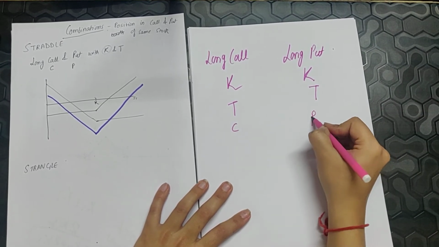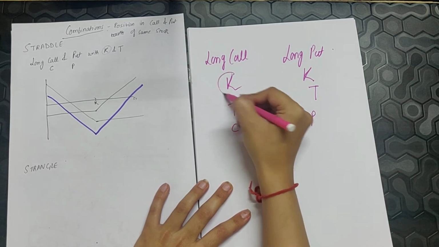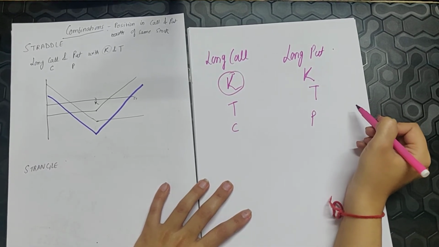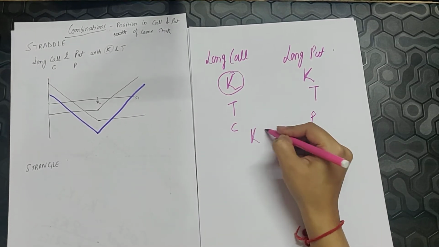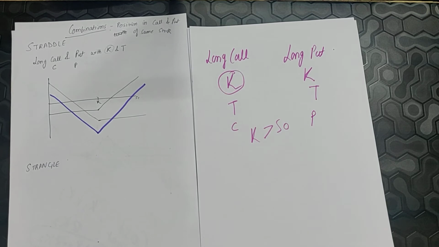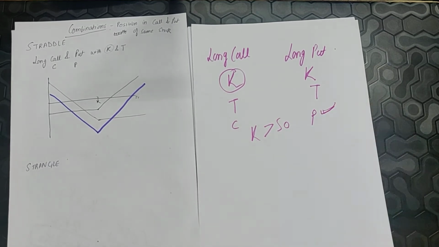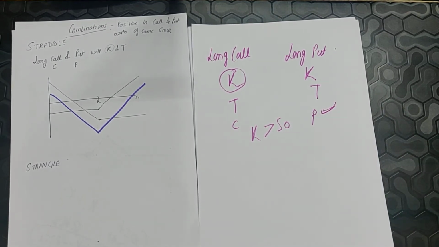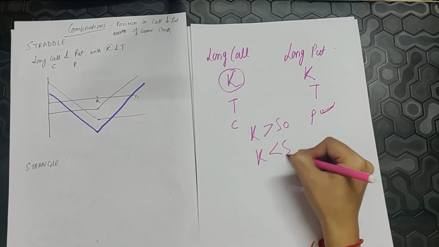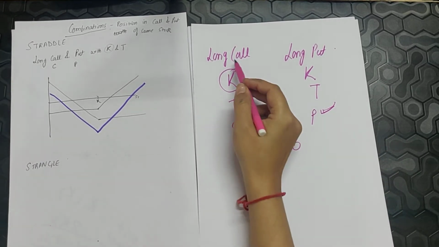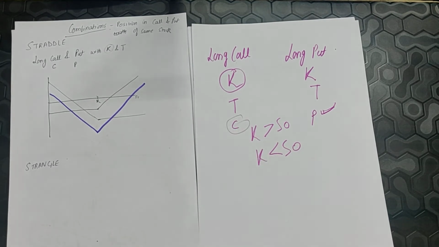C and P would differ depending upon how far K is from your S0. If your K is more than S0, then the put option is more desirable. If K is less than S0, then the call option is more desirable. In that case, C would be more.